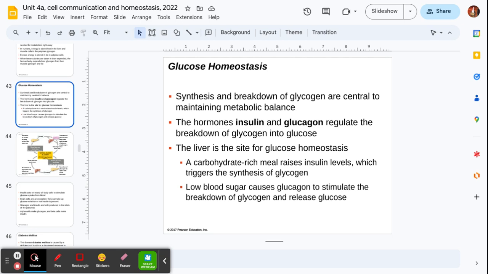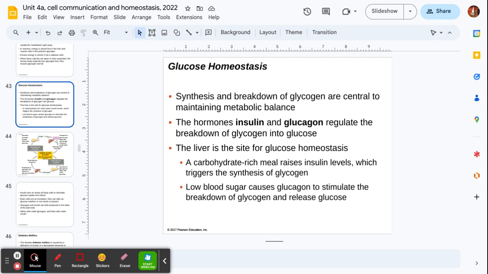Glucagon is going to be responsible for taking stores of glucose, which are called glycogen, another G word, and breaking those down. Those are the times where it's right before lunch or dinner and you're hungry and your body is trying to do something about it.